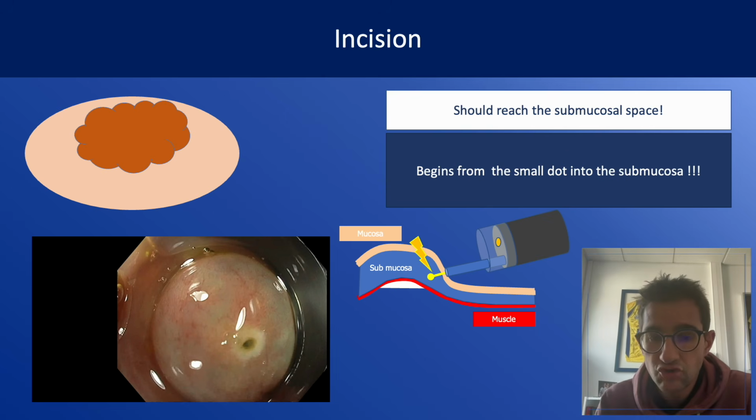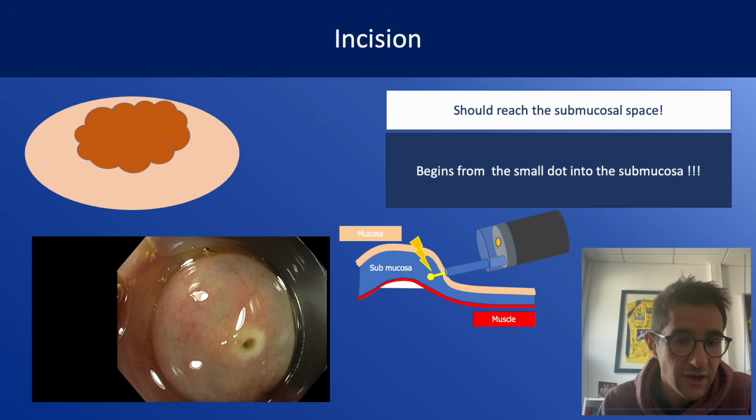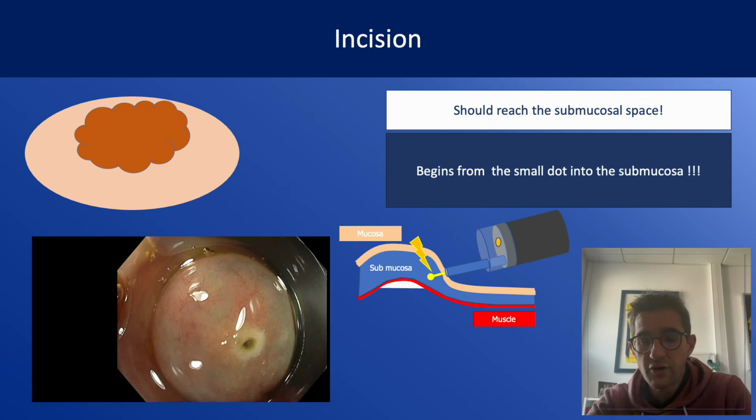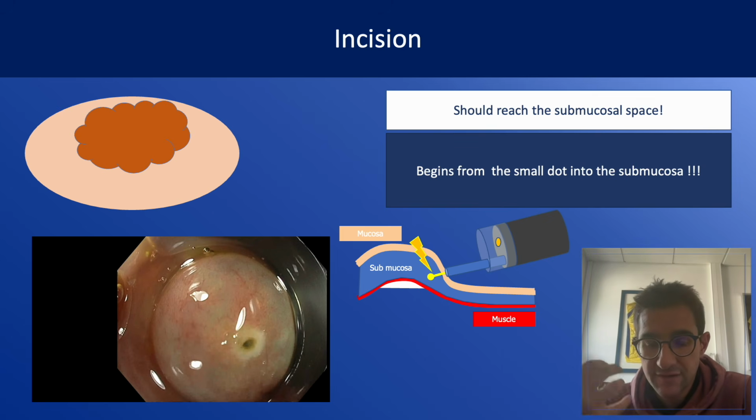The incision should use the small dot of Yahagi, because Yahagi described it for me when I was in Japan, but it's very important to reach the submucosal layer by doing a small dot, and therefore you will move from this dot in order to have a good depth during your incision. If you begin to move before reaching the good layer, you will have to repeat the incision several times.